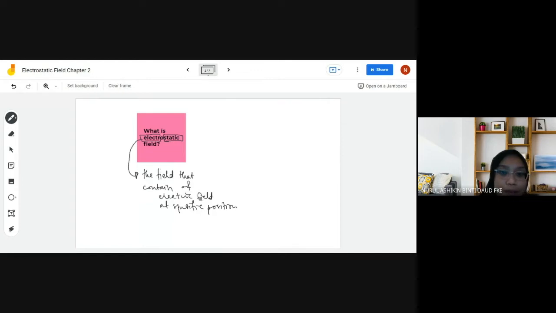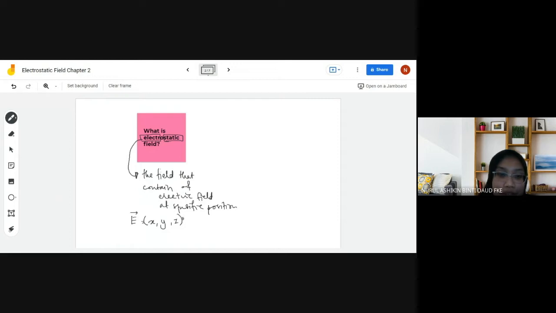Okay, for example, E, which has a vector here, in a position of x, y, and z.